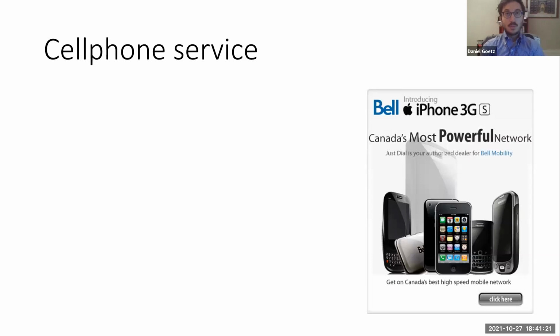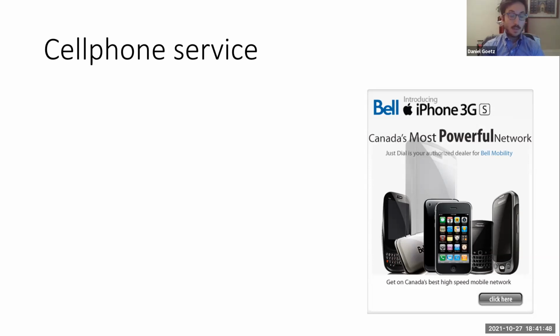Cell phone service almost feels like a two-part tariff, right? We pay a membership fee every month. A little blast from the past, iPhone 3G. So we pay a membership fee, also called a subscription fee. But unless you have unlimited data, you're also going to pay for data, right?